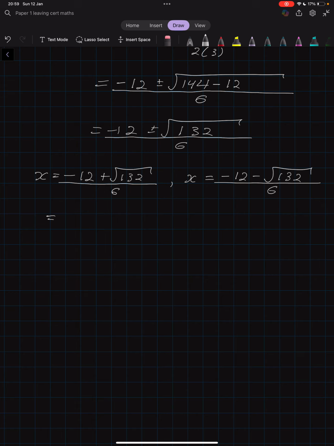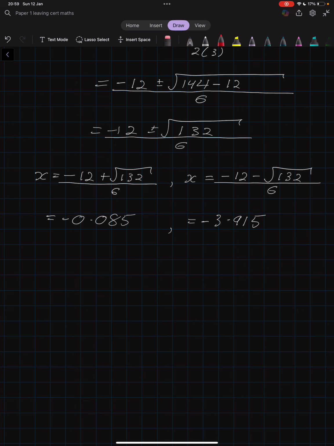So this is going to give me minus 0.085, and then this one is going to give me minus 3.915. So those are your two answers in this case.